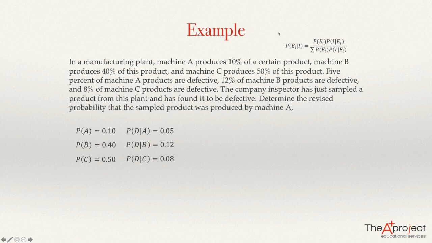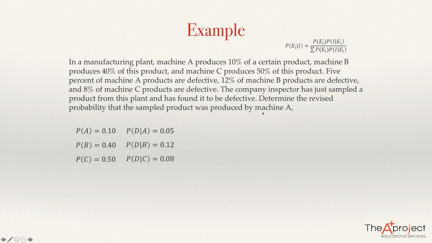We also have the formula from the Bayes theorem, and this formula says that the probability of any of these exhaustive mutually exclusive events given any other event is equal to the joint probability of the event and the other event, divided by the sum of all the joint probabilities.